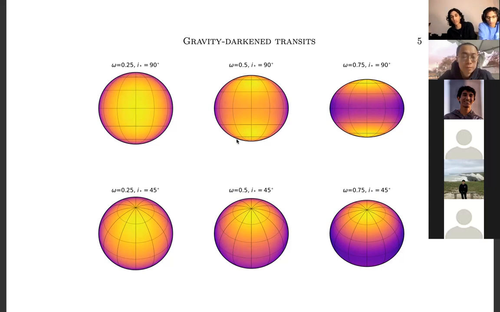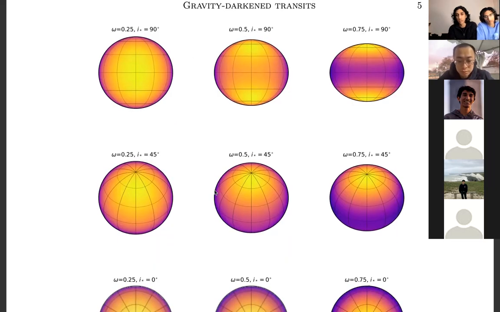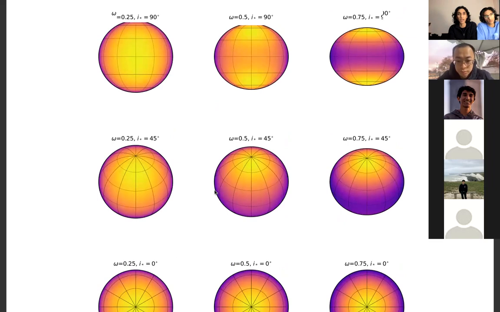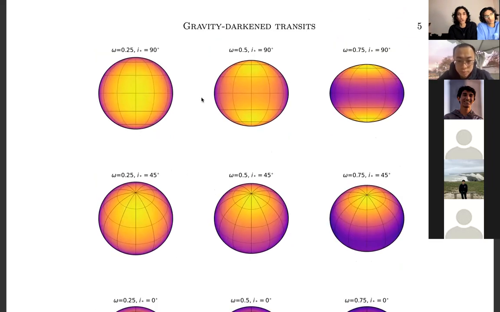Another important method is called Doppler tomography, and I want to talk about this one because it's very relevant and very widely used to measure spin orbit angles. It can be done en masse. For a star that's rotating so quickly, one side of the star is Doppler shifted, right?